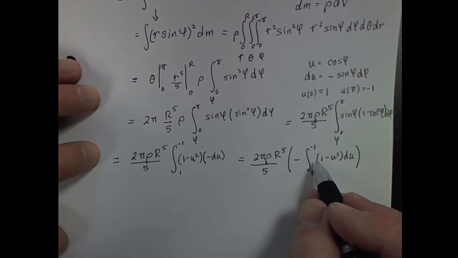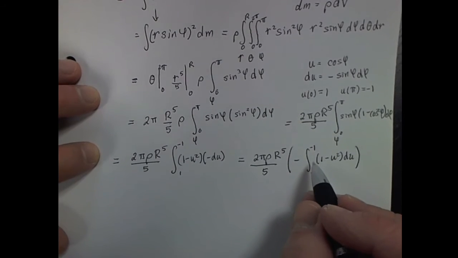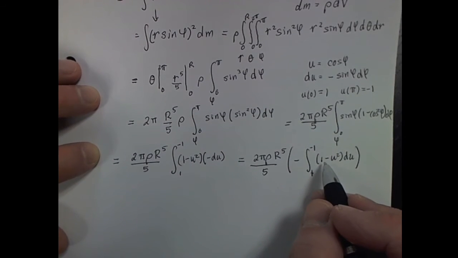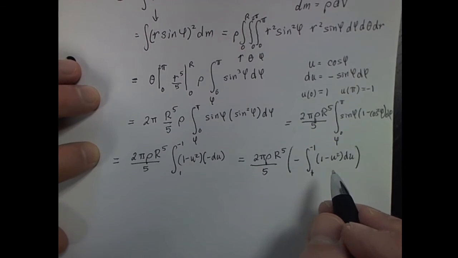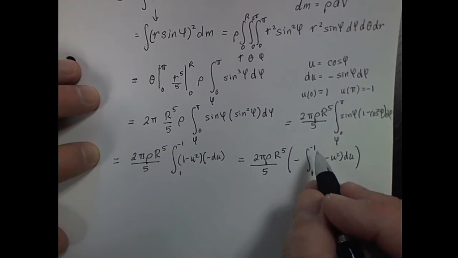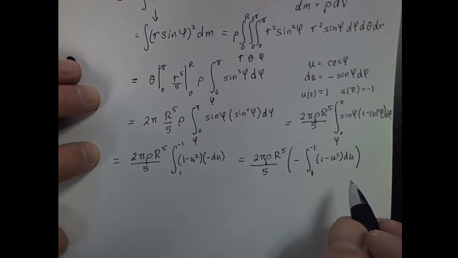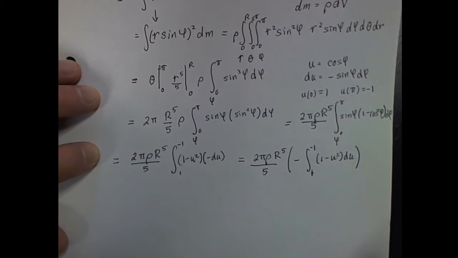This integral you can probably do. You could just do the integral of du and the integral of u squared du in these limits. In other words, distribute this through and just do the integral.